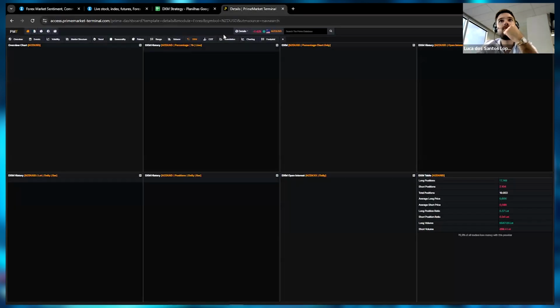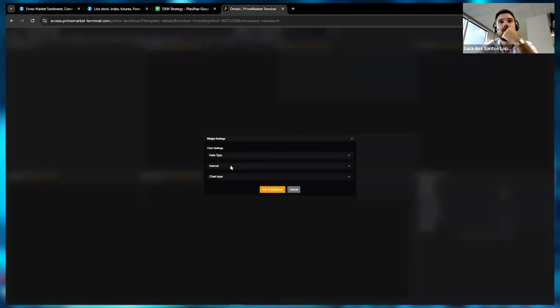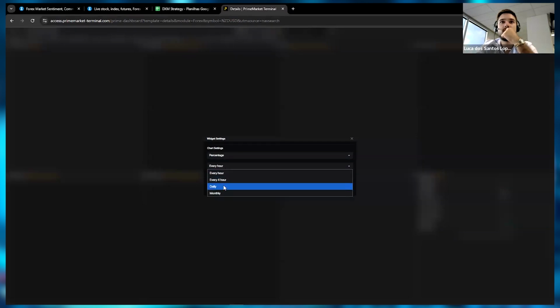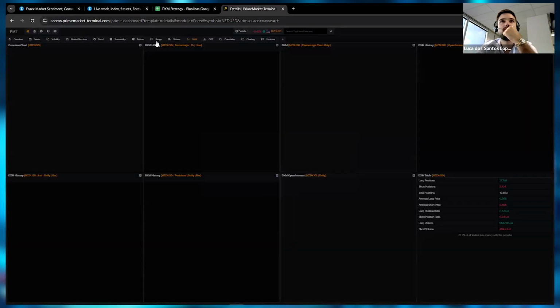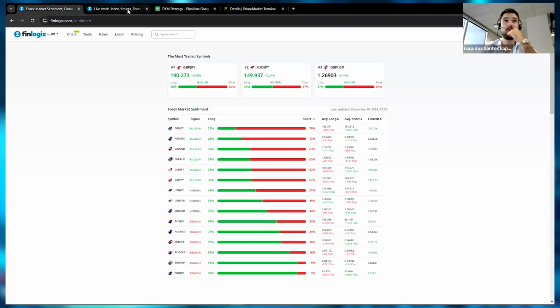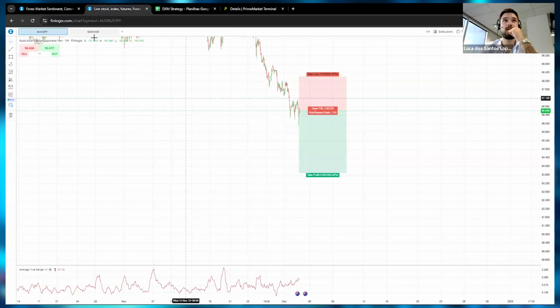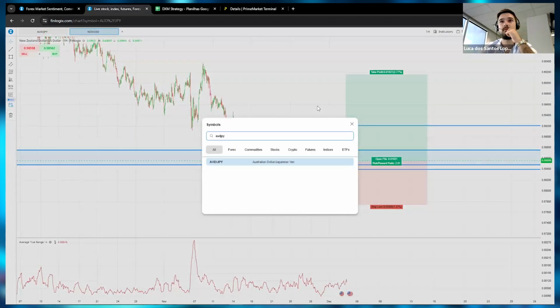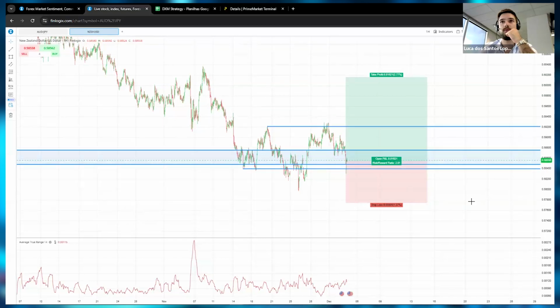So DXM is showing, if it loads, let's go for a percentage and let's go for short. Yeah, wow. It's showing short, but I think we can go long. I think we can go long on this one.